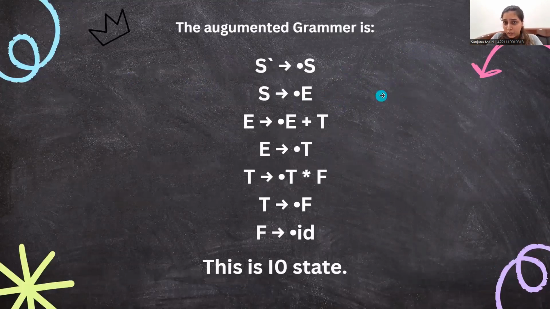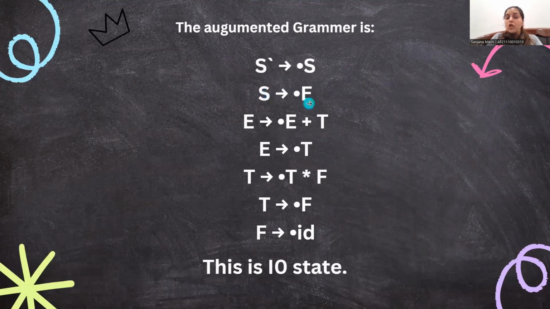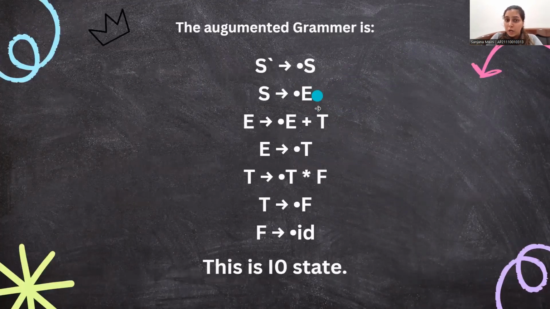Similarly, I2 will be goto of I0 comma E. When we apply the goto function with E on this production, it shifts the dot one place to the right, so it becomes S tends to E dot. We also need to see if there is any other production which has E on the right hand side.